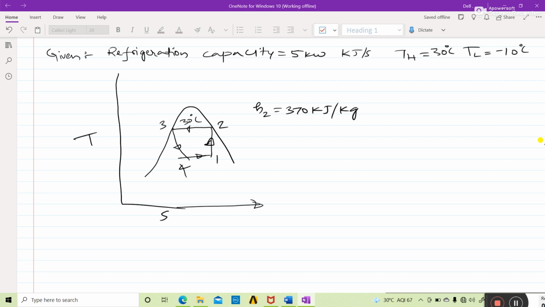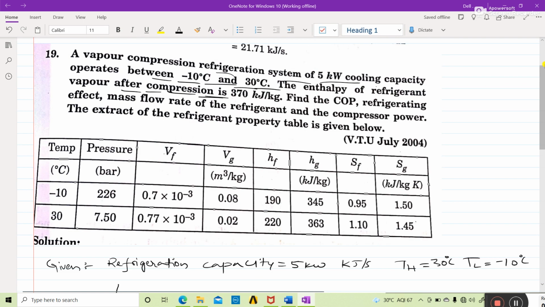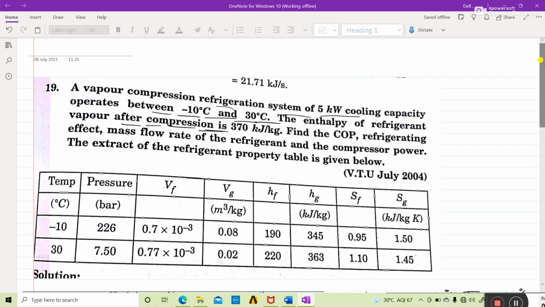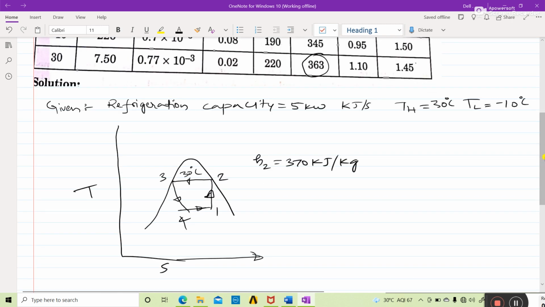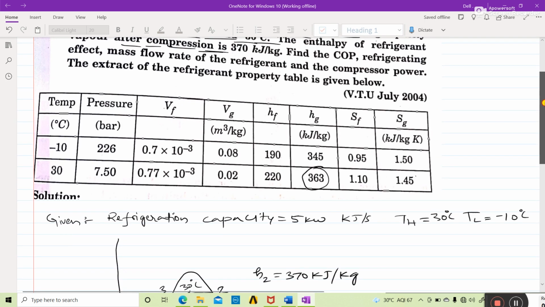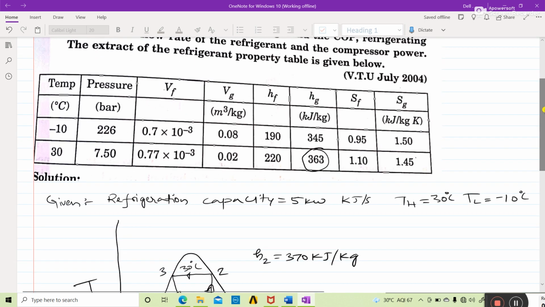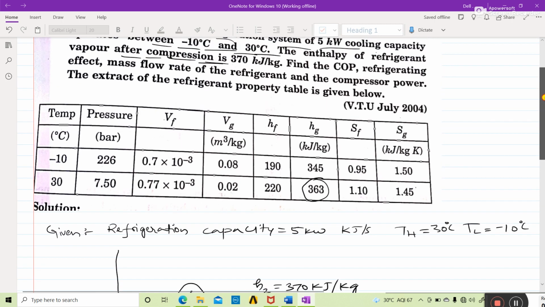If we compare, Hg at 30 degrees Celsius is 363. Therefore, the given enthalpy is more than the enthalpy of dry saturated vapor. The enthalpy of dry saturated refrigerant is 363, but the given enthalpy is 370.